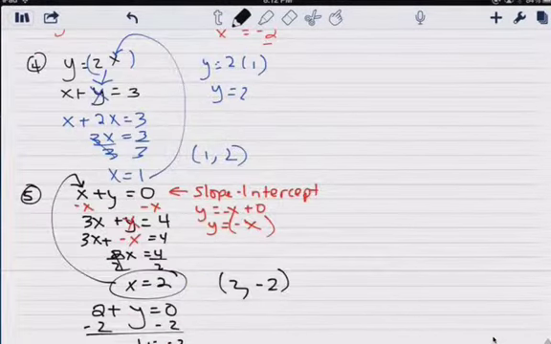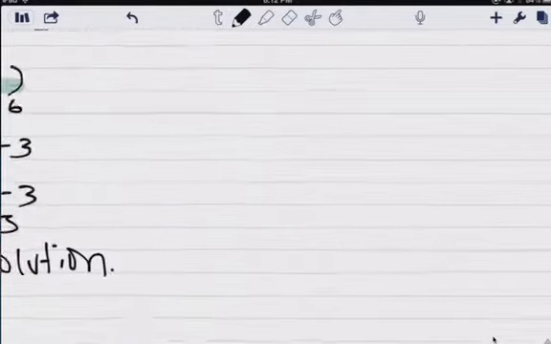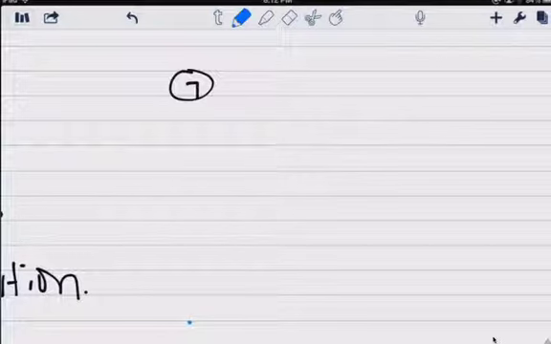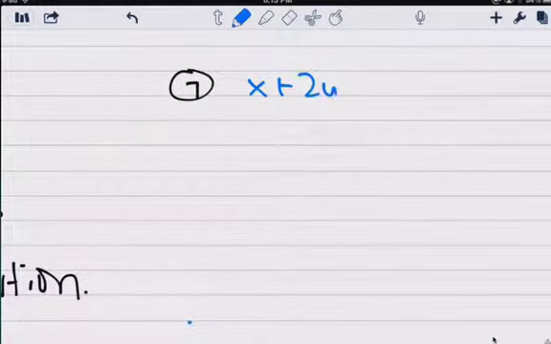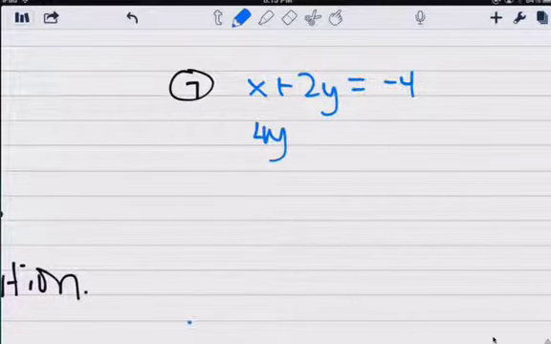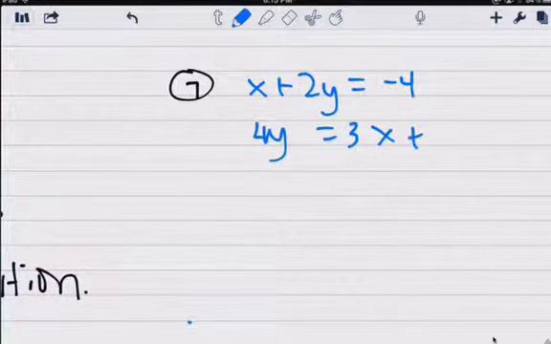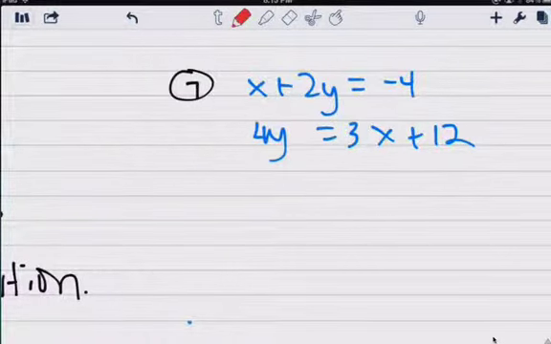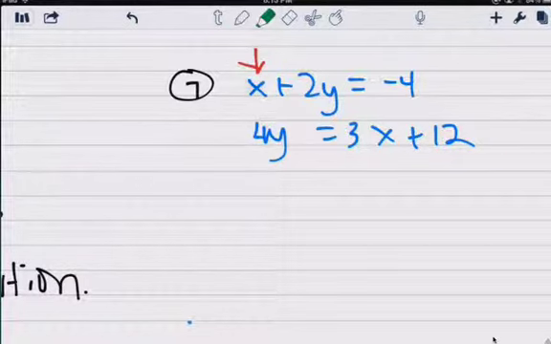Okay, now number 7. Number 7 is x plus 2y equals negative 4. And you got 4y equals 3x plus 12. I'm going to solve for x here. Because x is by itself here, I'm going to solve for it. So I make y equal to 0.